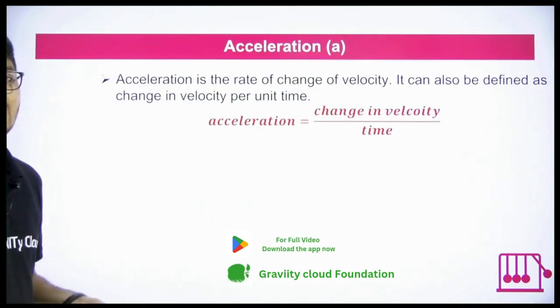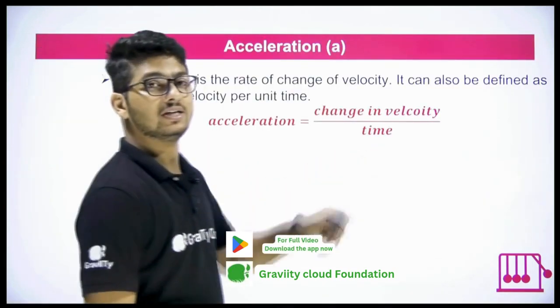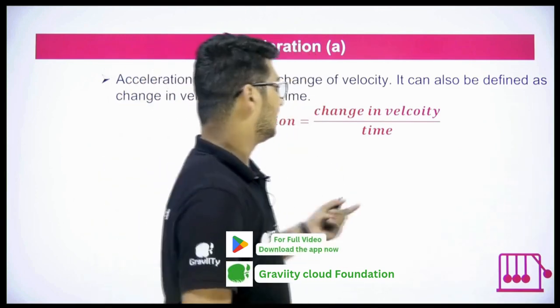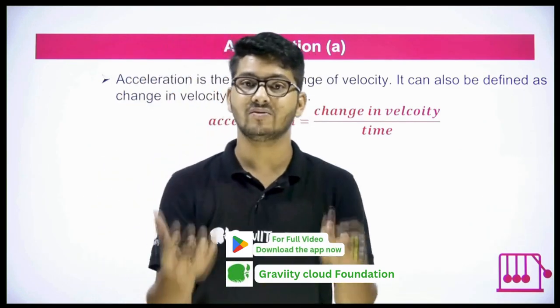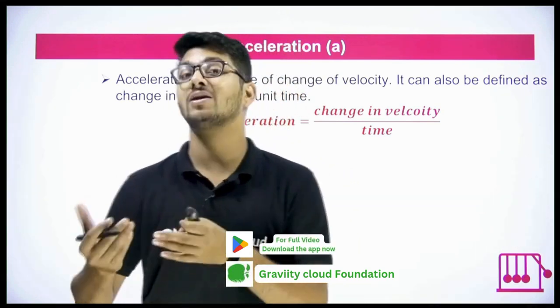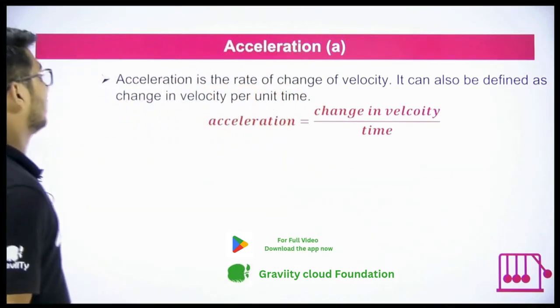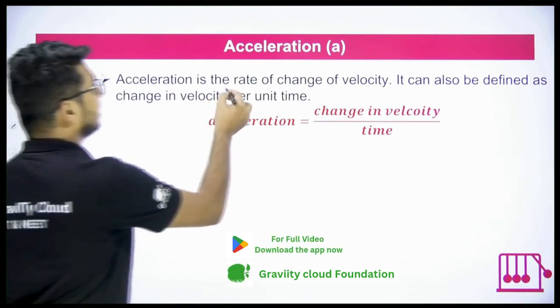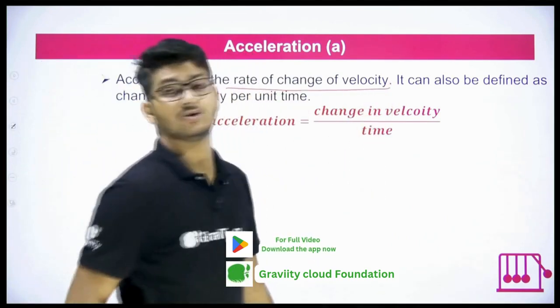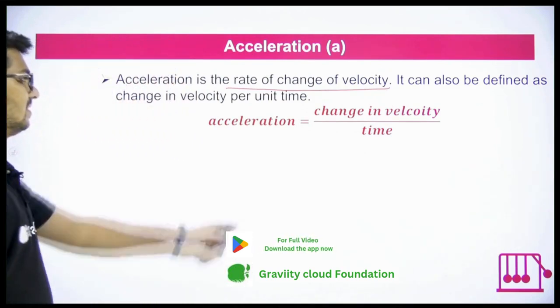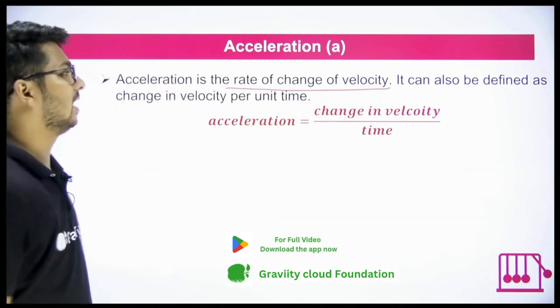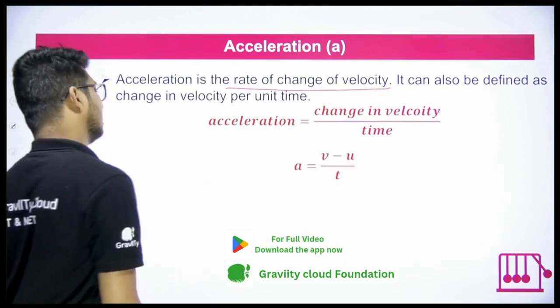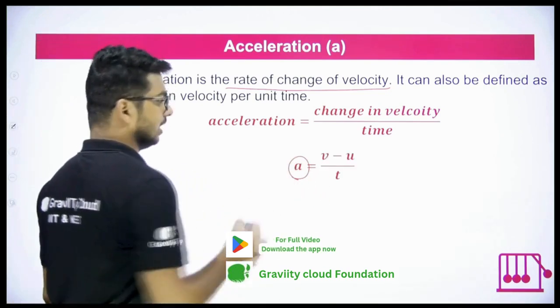So keeping all this in mind, we define acceleration as change in velocity upon time. This will take care of everything, how fast the velocity is changing, increasing or decreasing. It is also defined as the rate of change of velocity. Now this is the simple term, this is the formula. For acceleration, we use the symbol small a.